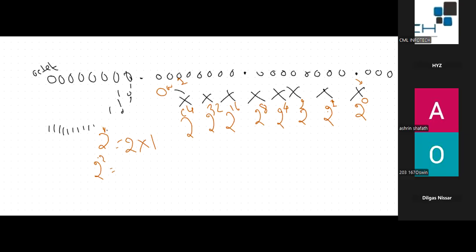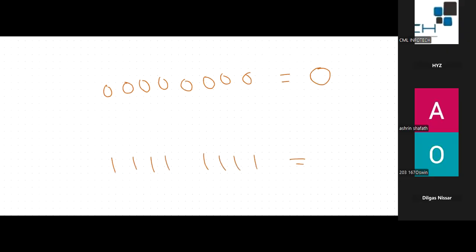So let's say, for example, your bits are 0, 0, 0, 0, 0, 0, 0, 0, which is 0. And then the value for 0, 1, 1, 1, 1, 1, 1, 1. Here we calculate with 2 raised to 7 and 2 raised to 0: 0, 1, 2, 3, 4, 5, 6, 7.